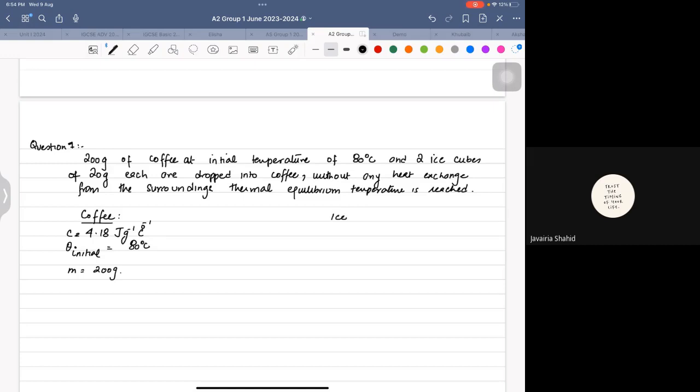For ice, they have given you latent heat of fusion as 334 joules per gram. They've given you initial temperature of ice as negative 15 degrees Celsius. And they have also given the heat capacity as 4200 joules per kilogram per Kelvin. Also, latent heat of vaporization is 2230 joules per gram.